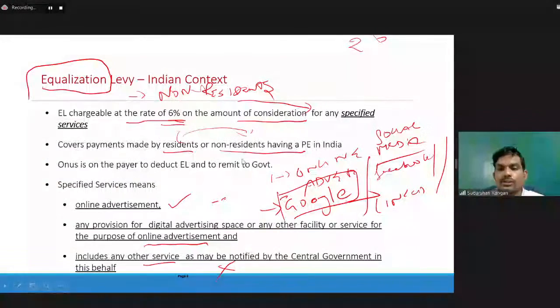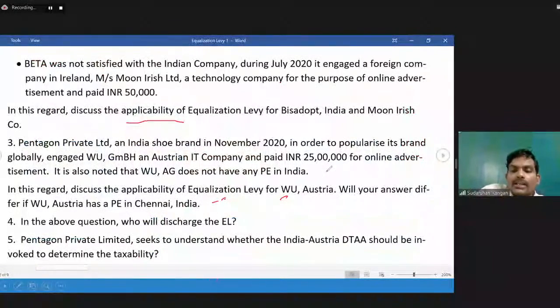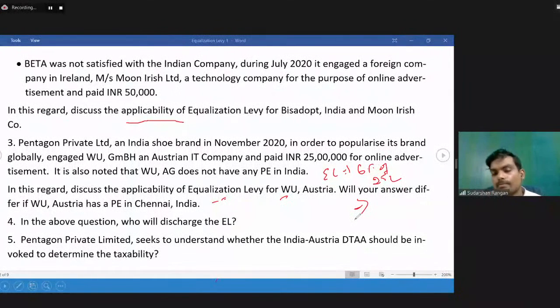So coming back to this question, here equalization levy will be 6% of 25 lakhs, which is 1.5 lakhs. I hope I'm right. So therefore, equalization levy of 1.5 lakhs has to be paid.